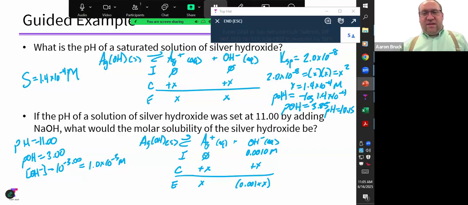Our Ksp is 2 times 10 to the negative eighth. So again, we should be okay to do the 5% approximation.